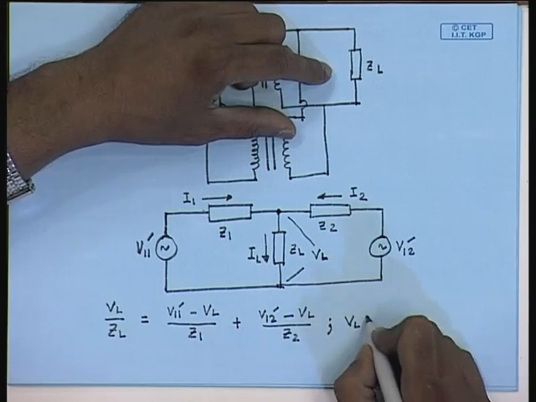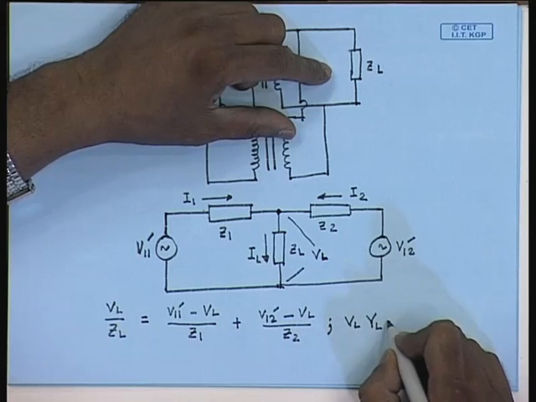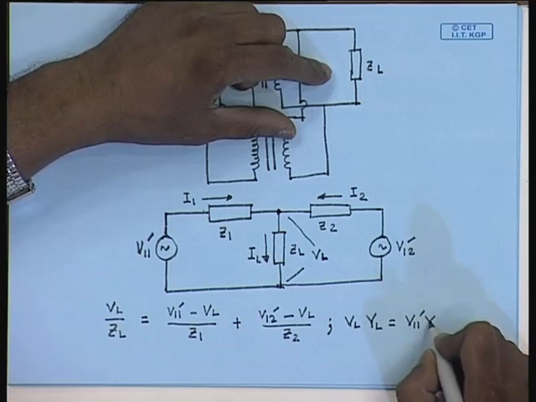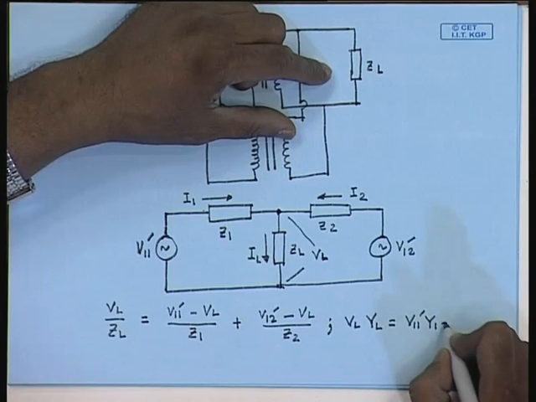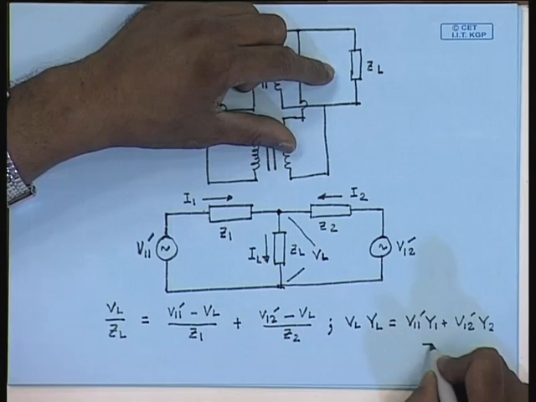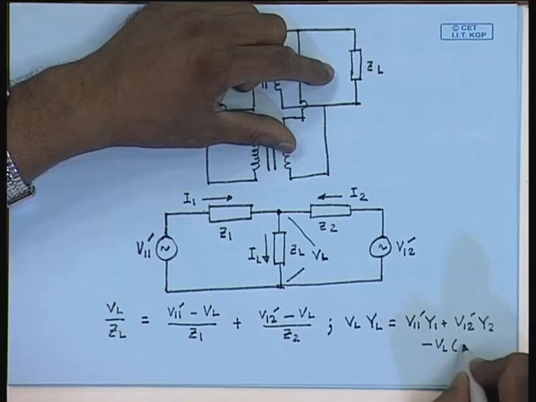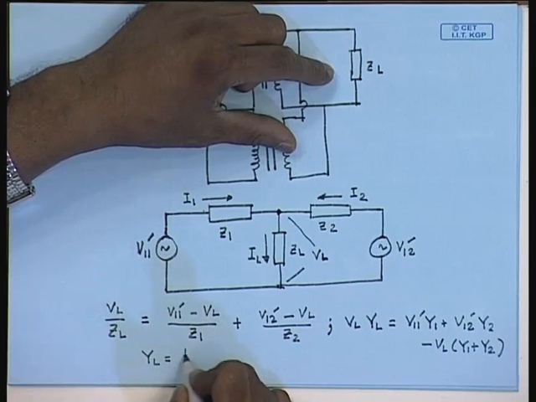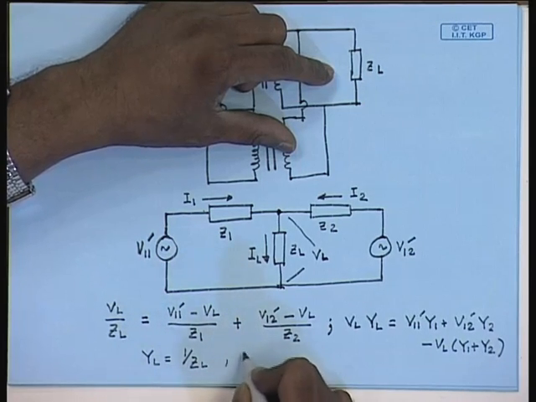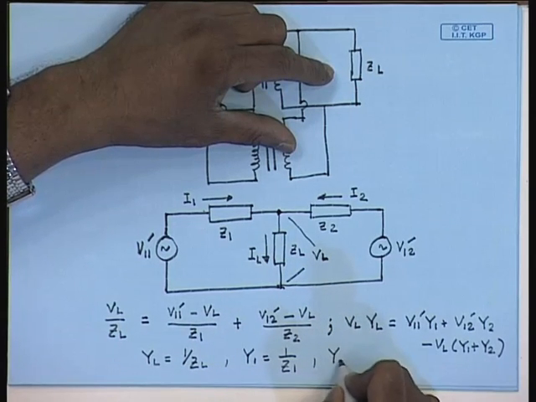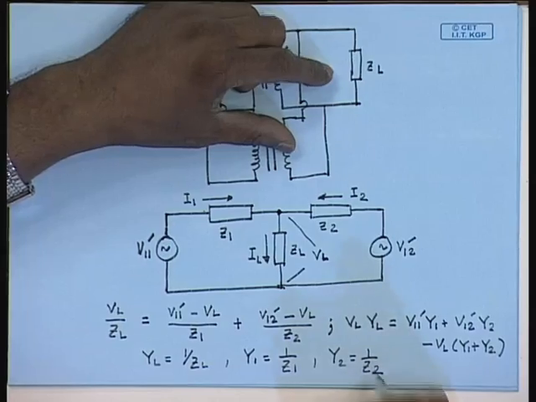VL YL equal to V11 dash Y1 plus V12 dash Y2 minus VL into Y1 plus Y2, where YL equal to 1 by ZL, Y1 equal to 1 by Z1 and Y2 equal to 1 by Z2.